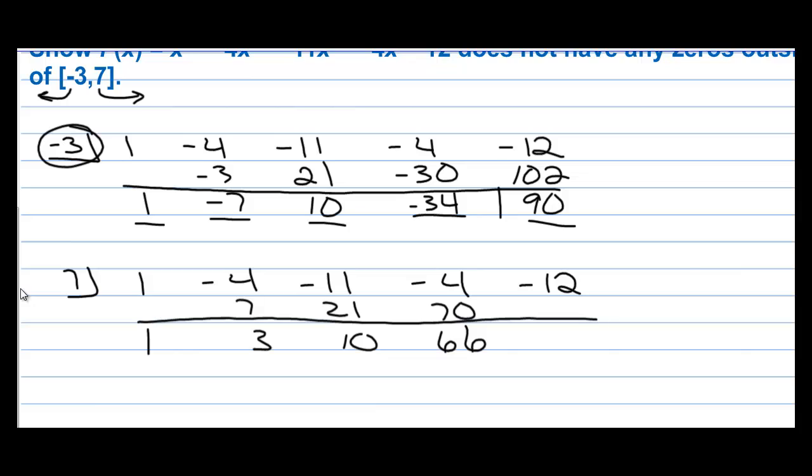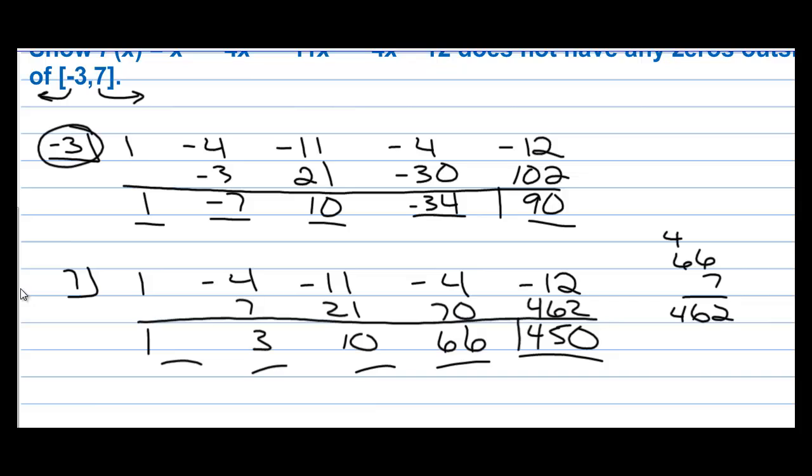Oh boy, how about 66 times 7? 42, 4, 46, that's 462, and that's certainly going to be positive, 450. Now notice all of these are positive, and when that happens, a zero does not exist that is bigger than 7. That's called an upper bound. So this is an upper bound, and this is a lower bound.